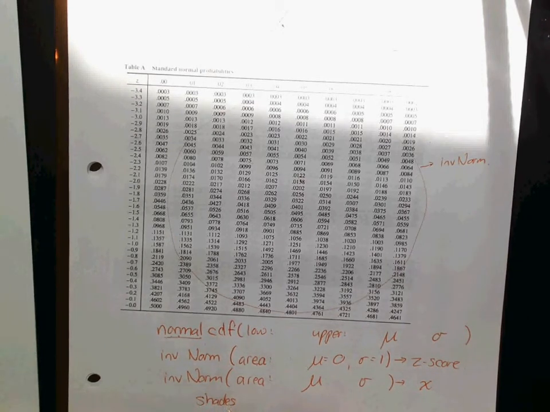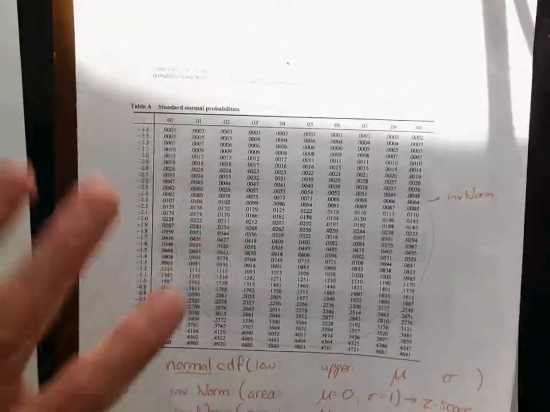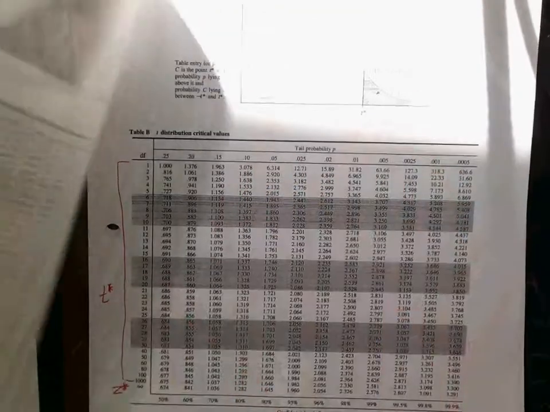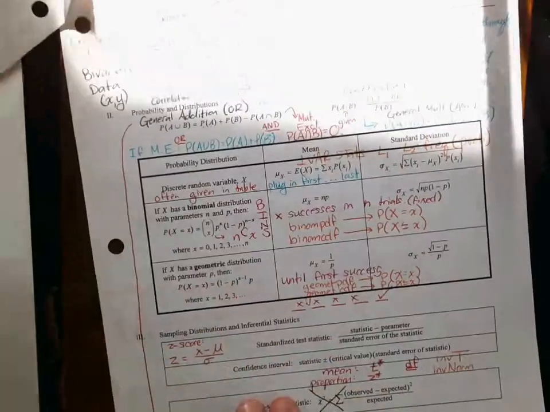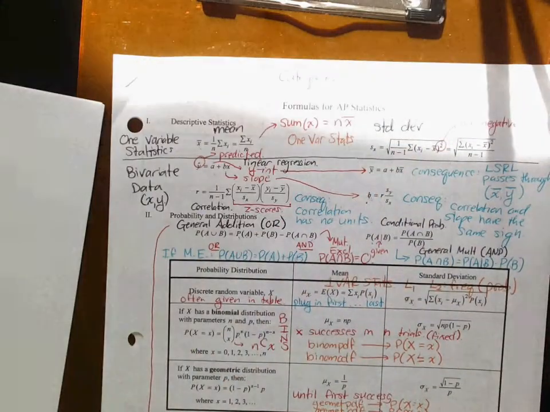But if you have the older calculators or it doesn't give you the option left, right, center, write whatever it says. Okay. And that is the normal table, and then we've already gone over the t-table. Hopefully this helps you out. I will talk to you again soon.